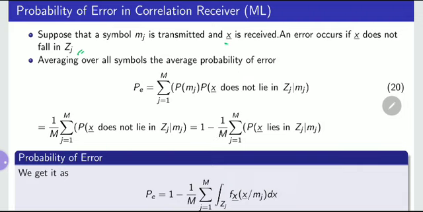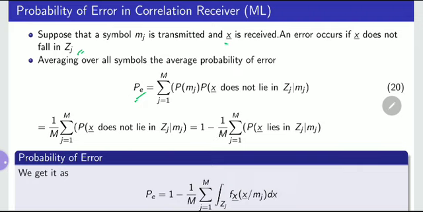So we are averaging over all the symbols. The average probability of error is sigma j equal to 1 to m, p of mj times p of x does not lie in zj given mj.